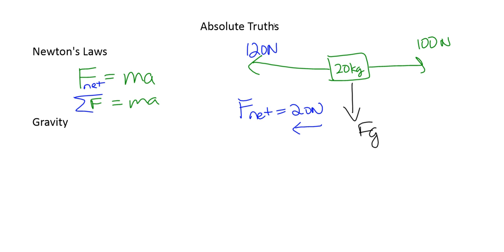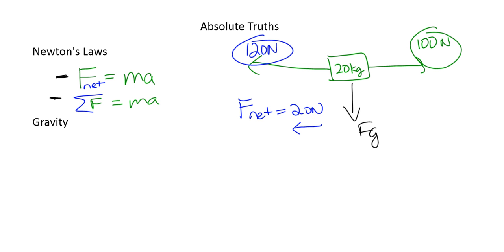So yeah, this force alone, the green 100 newton, will cause a certain acceleration to the right. This force alone will cause a certain acceleration to the left, but obviously since this force is greater, this object is going to move left. We're not interested in the effects of the individual forces so much as we are interested in the effect of all the forces combined. So both of these equations here mean exactly the same thing, and we can use them interchangeably. Some teachers will prefer F net, some teachers will prefer the summation of F. Either way is perfectly acceptable.